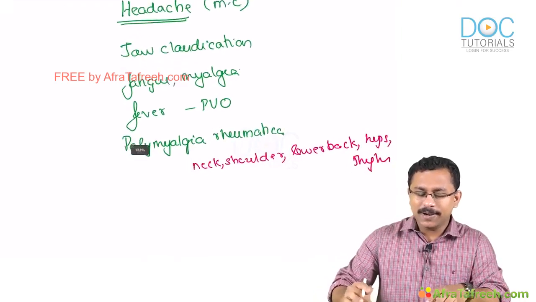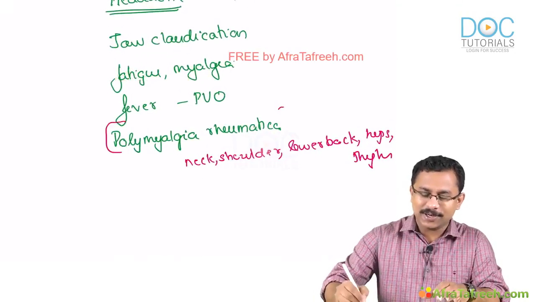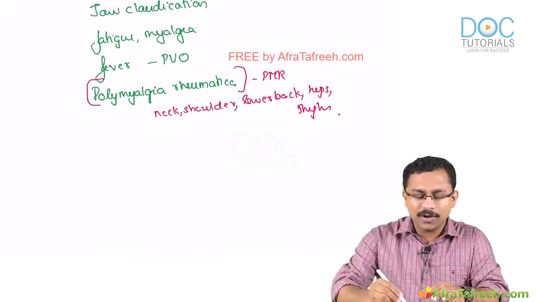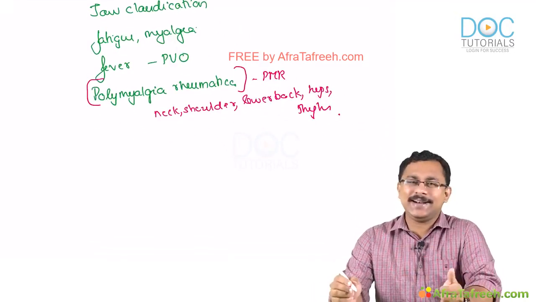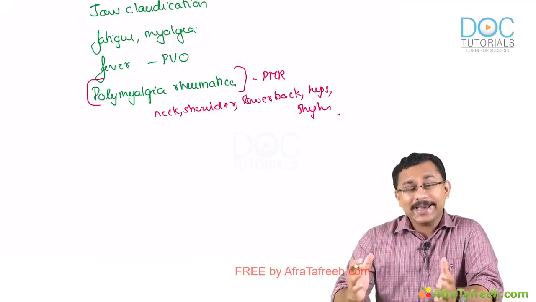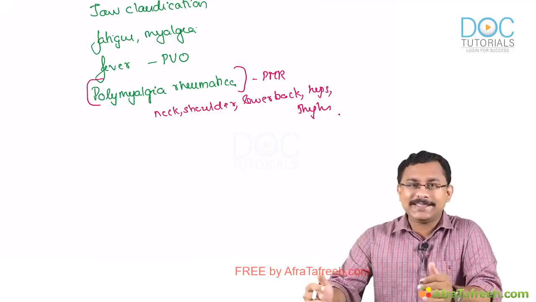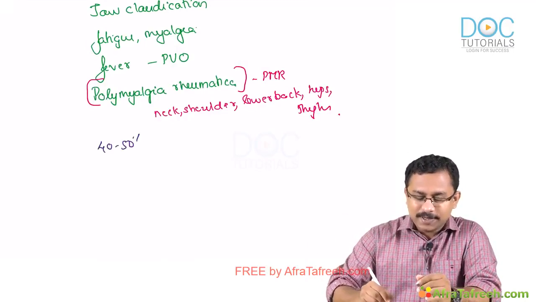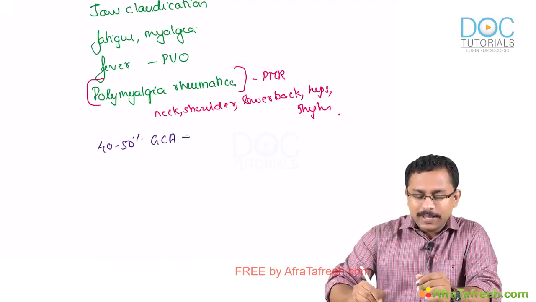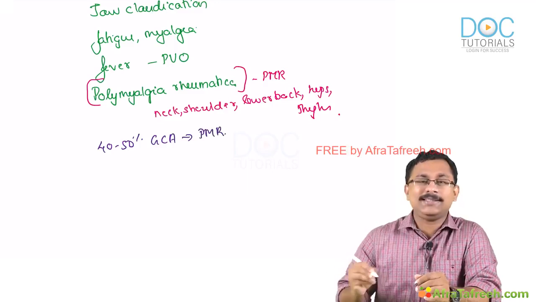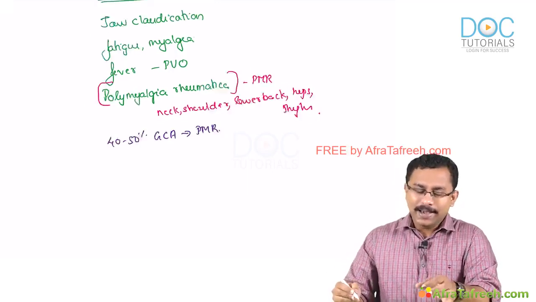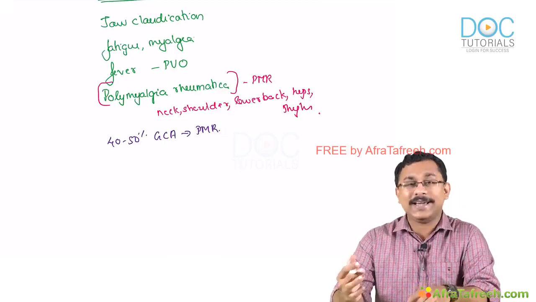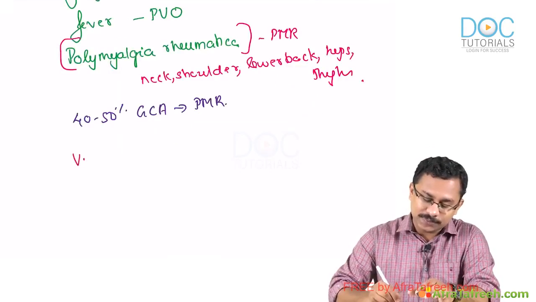Remember, polymyalgia rheumatica is a disorder, abbreviated as PMR, not exclusively limited to giant cell arteritis. It can be a separate disorder by itself, but around 40 to 50% of cases of giant cell arteritis would have associated polymyalgia rheumatica.